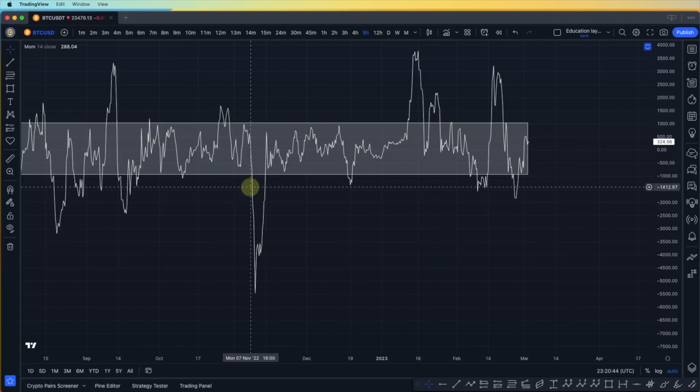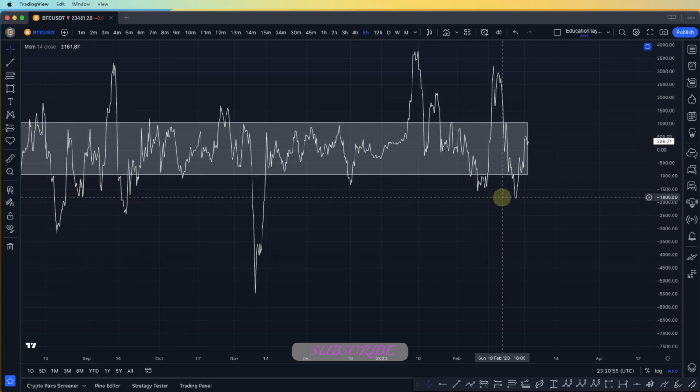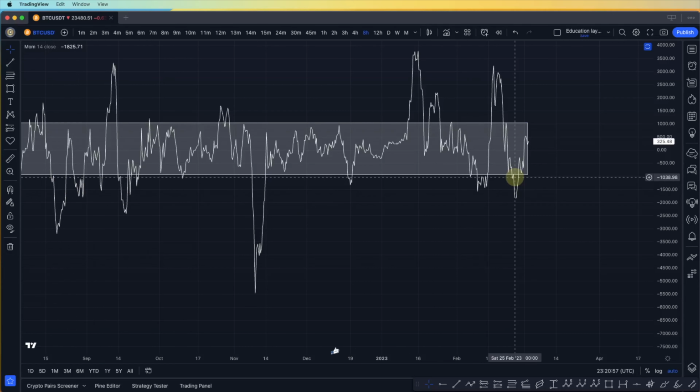This area is really important because we break below the rectangle of the ranging on the market. This area is pretty safe, but we need to get into the candles and the price action to find out if it is a fake break, like here, or a real break.